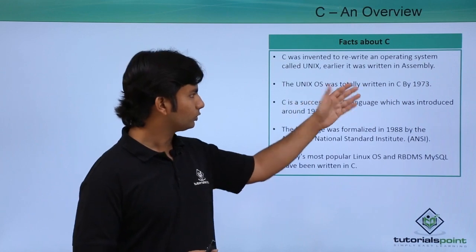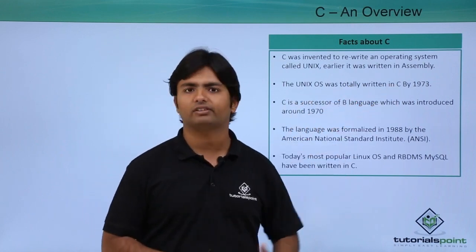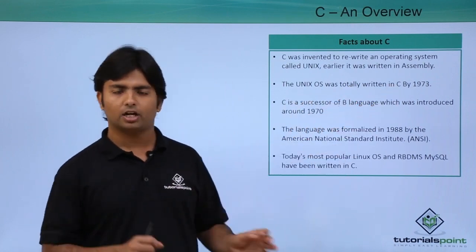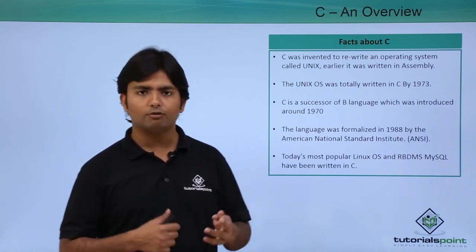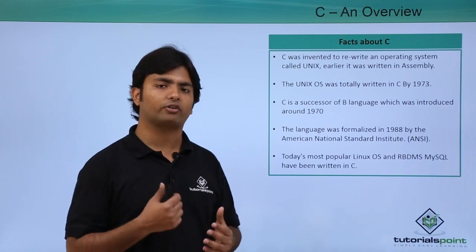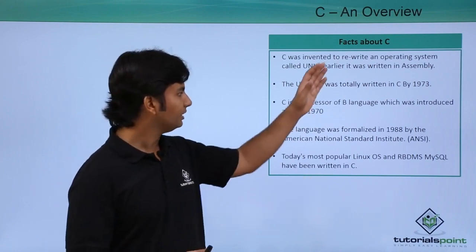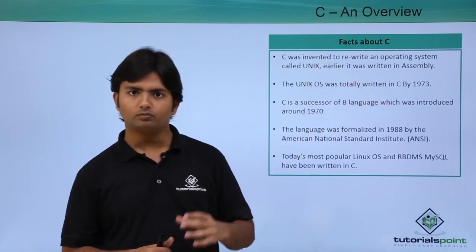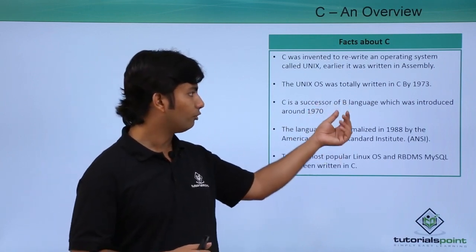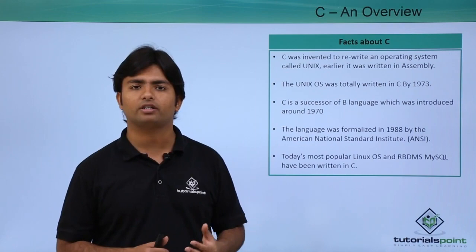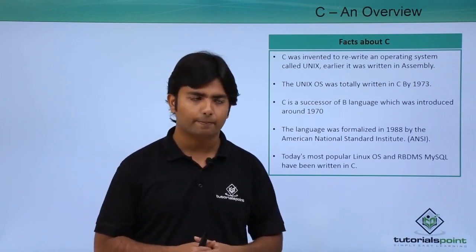The Unix OS was totally written in C by 1973, meaning the C language was created, and thereafter, whenever the operating system got rewritten, it was rewritten in C language only. Dennis Ritchie created the C language as the successor of the B language, which was generated in 1970.